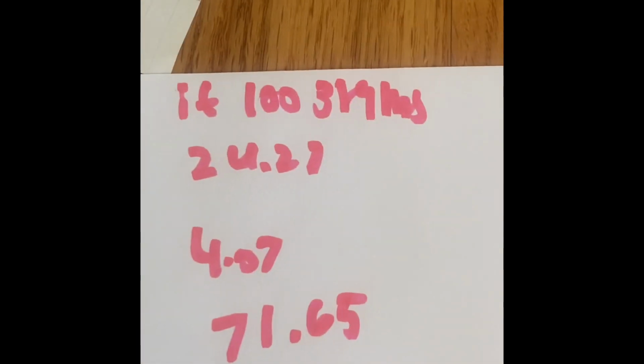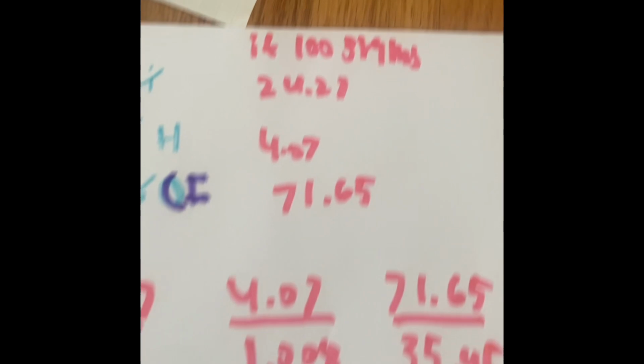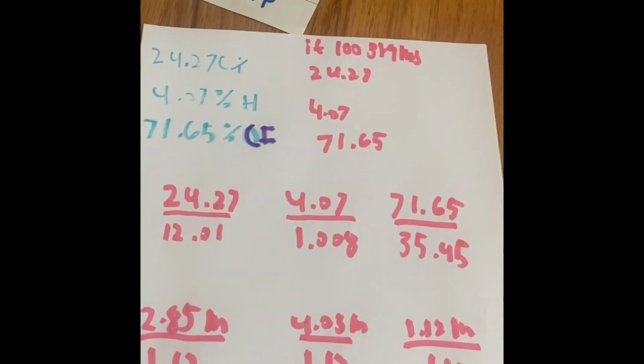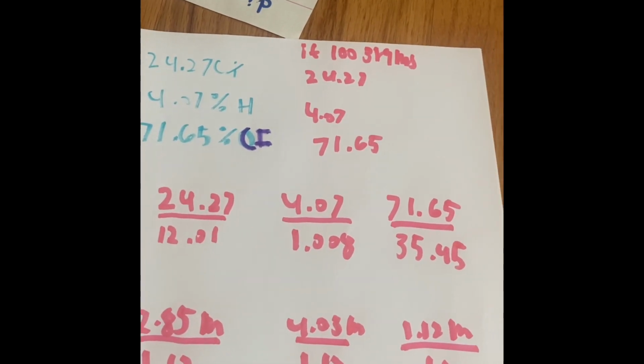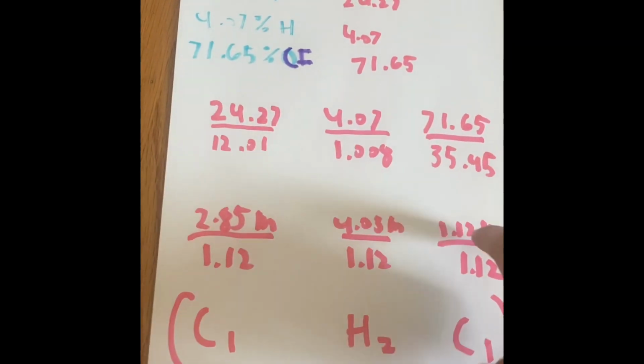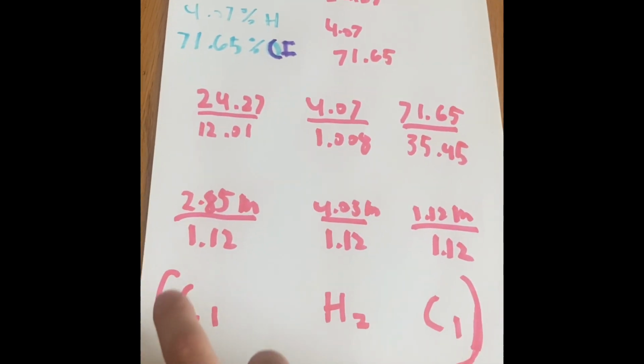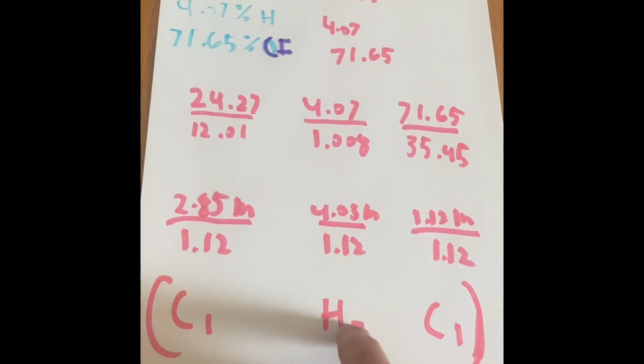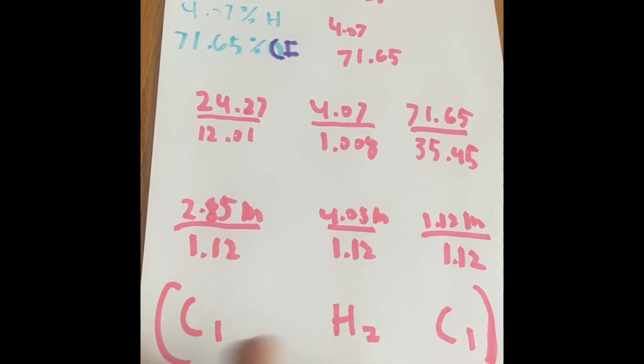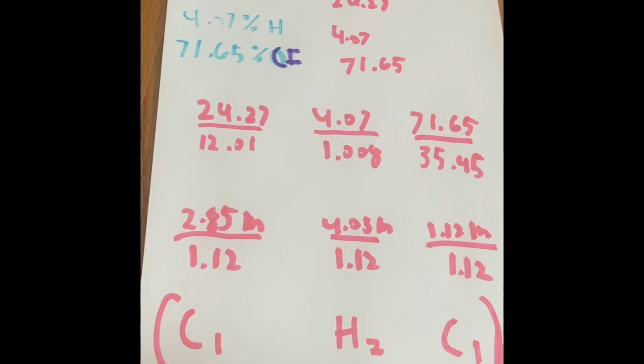So now they're each grams. Then you found the atomic masses of all the different elements and divided to get the number of moles. Then you divide by the smallest number of moles to get 1 chlorine, 2 hydrogen atoms, and 1 carbon atom.